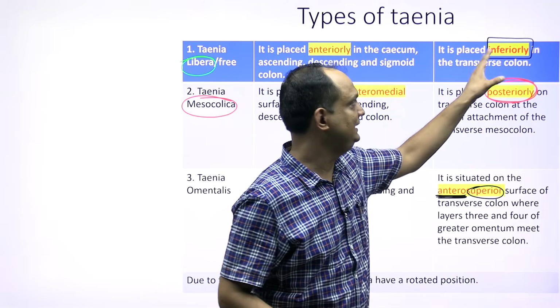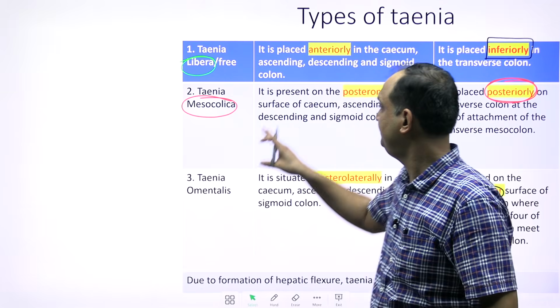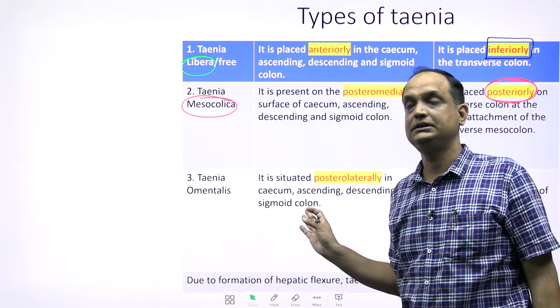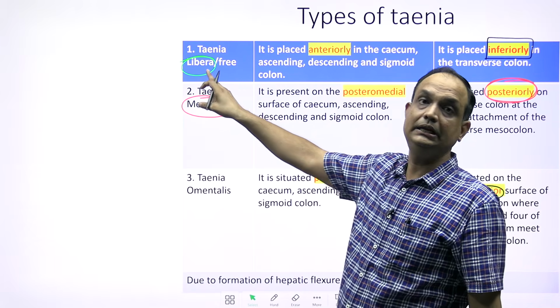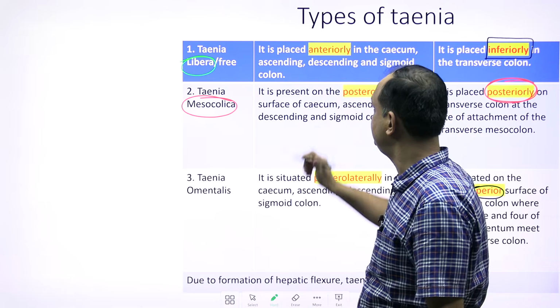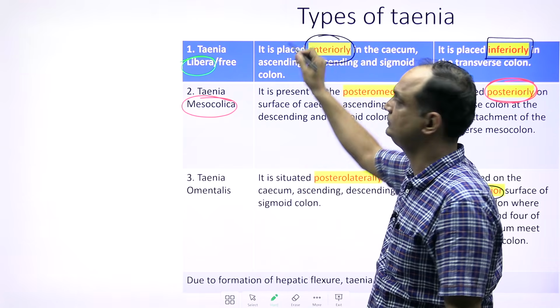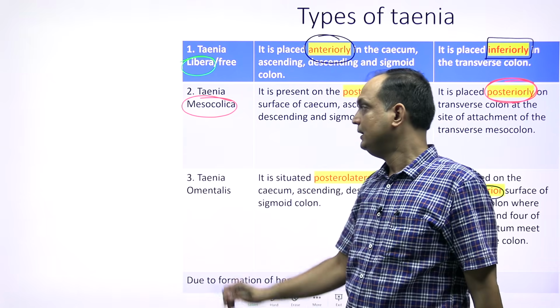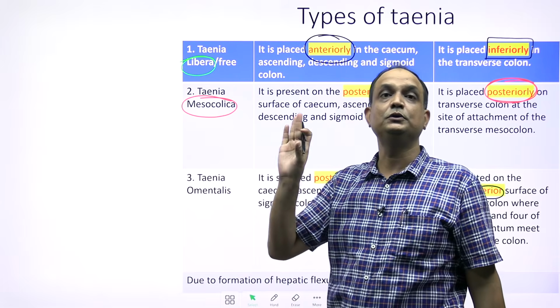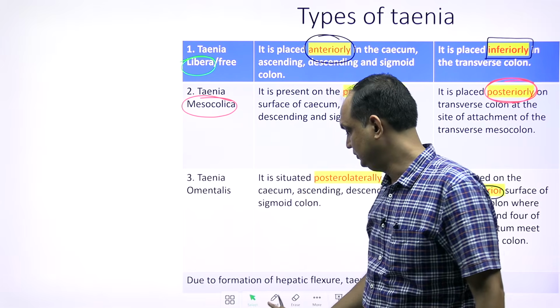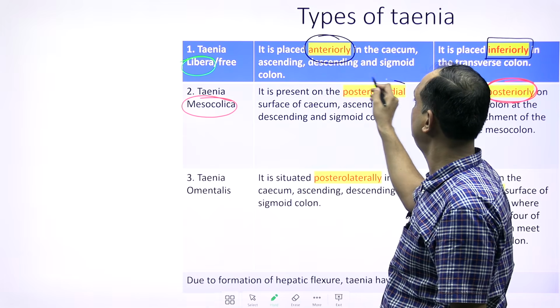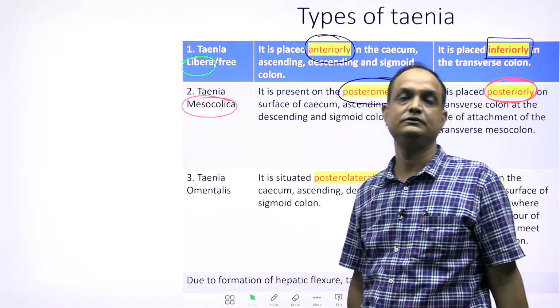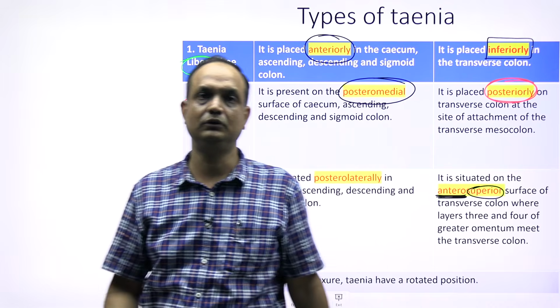But when you see their placement on the other different parts of your large intestine, you will find that Taeniae libera is anteriorly placed on the other parts of your large intestine. The Taeniae mesocolica, which is a posterior structure in the transverse colon, is present posteromedially on the other parts of the colon.